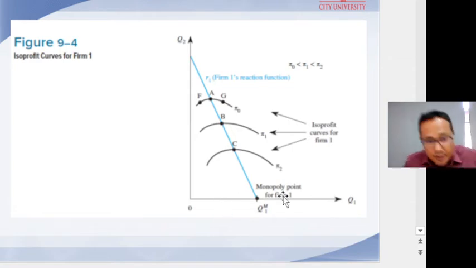So ISO profit. We want to discuss about the ISO profit. So as you can see from that figure.